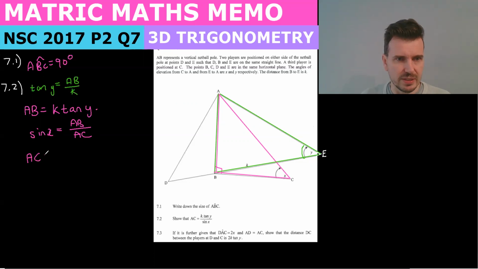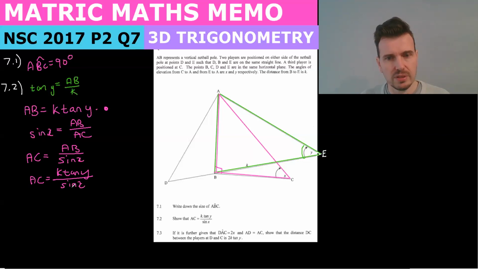So AC equals, if it goes to the left, it goes to the top. Sine X goes to the bottom, so it'll become AB over sine X, and we see from here that AB is equal to K tan Y. So AC equals K tan Y over sine X, which is our answer. Okay, so that's 7.2 done.